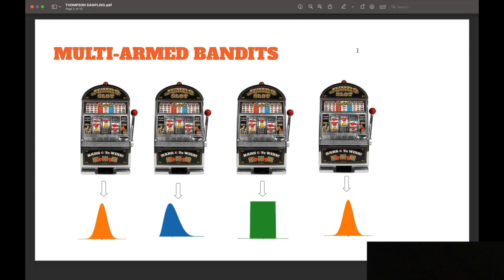The problem is that we don't know the distributions associated with the slot machines, and therefore we need to infer these distributions from the data we observed by pulling the arms of these slot machines. Our ultimate goal is to pull the slot machine with the highest expected reward or return.